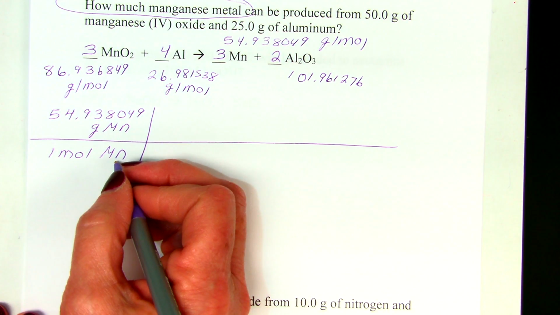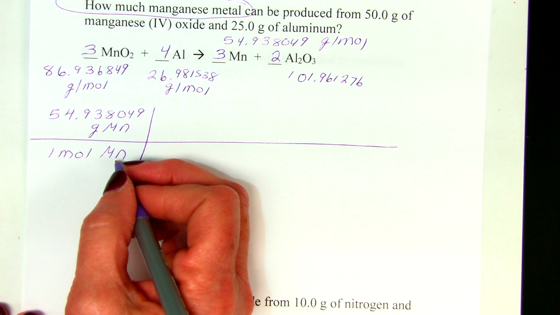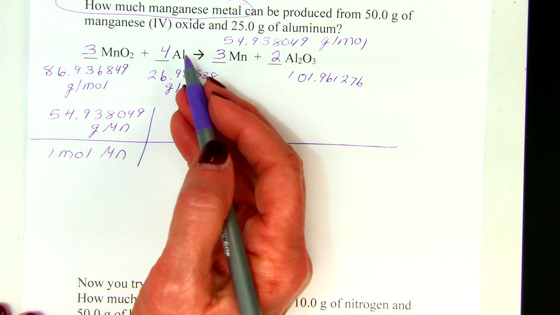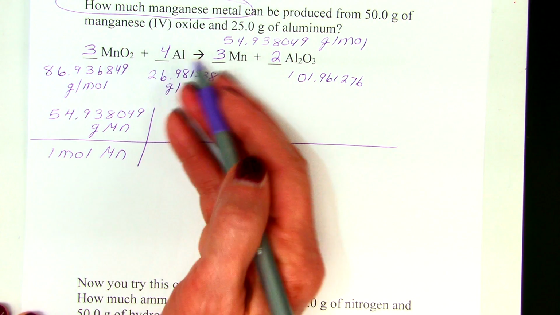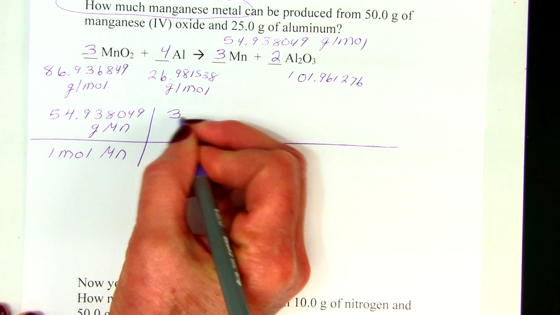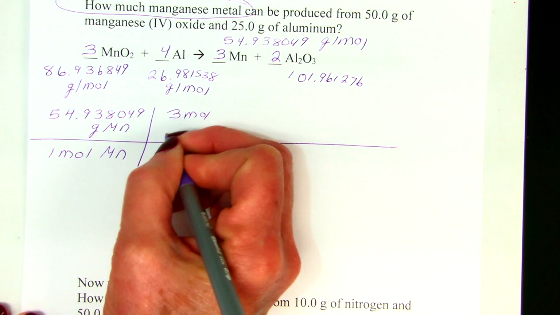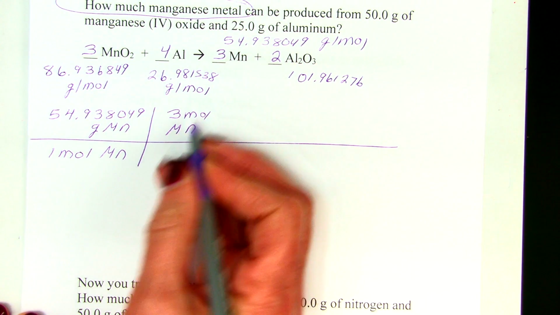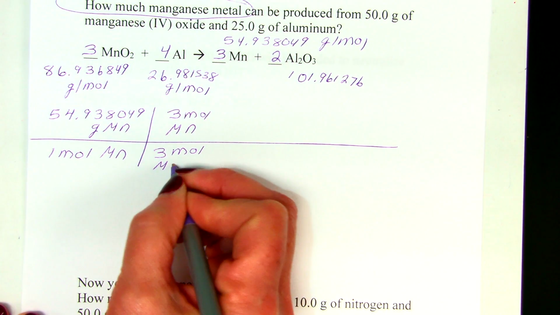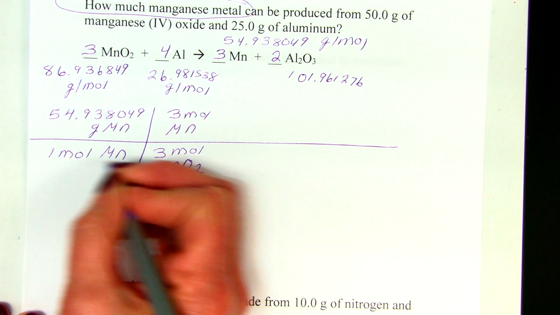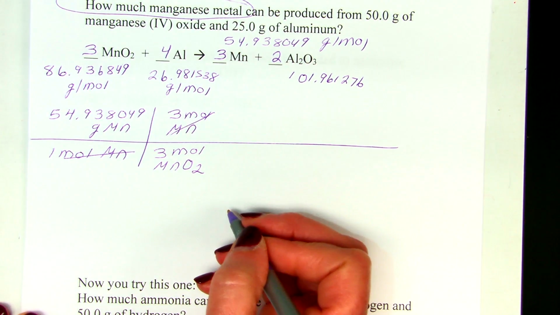So now I look at my balanced equation, and I'm interested in calculating with the manganese oxide. So I know that 3 moles of manganese comes from 3 moles of MnO2. So I've canceled my moles of manganese.